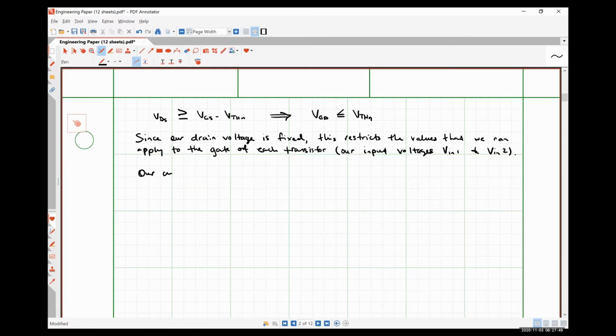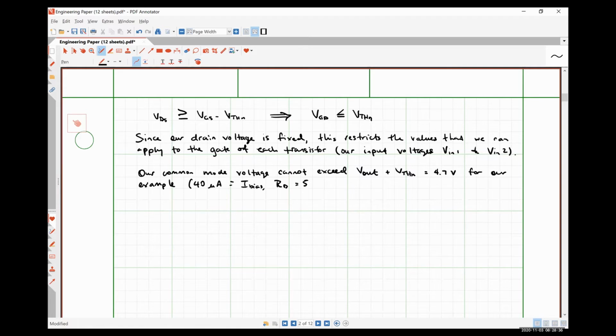So our common mode voltage cannot exceed Vout plus VTHN, which is about 4.7 volts for our example, with the 40 microamp biasing current, 50 kiloohm resistance.